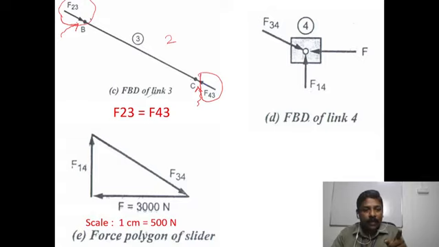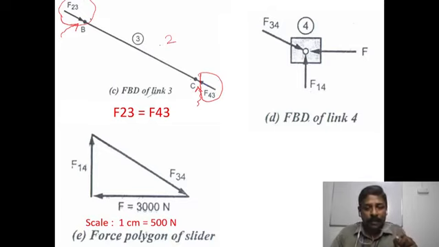So again we are drawing this vector parallel and opposite to each other, that is F23. Why we are representing F23 means the force is acting from link 2 on link 3, so it is represented as F23. Here also from link 4 it is acting on link 3, so it is taken as F43.